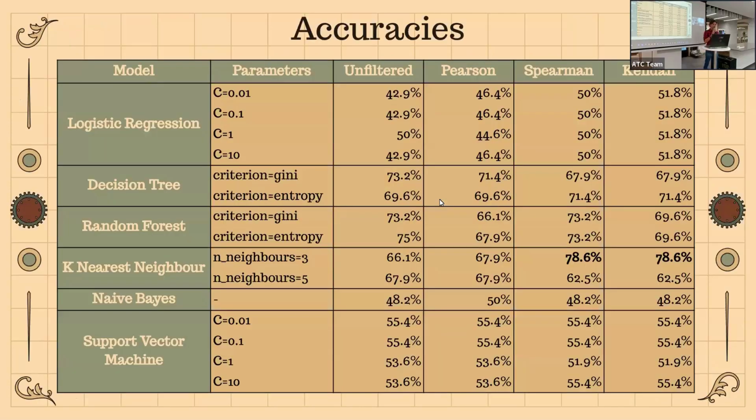Then we did a lot of machine learning. You'll see a lot of the different methods we used on the left there, changing some of the defaults and just seeing what results we get there. But you'll notice a nearest neighbor right there in the Spearman column has 78.6% accuracy, which is really good.